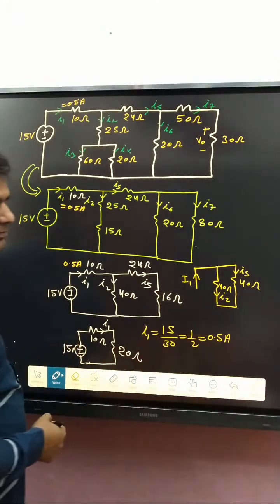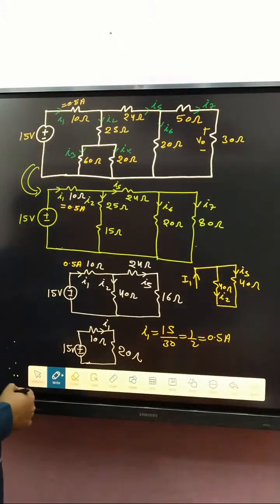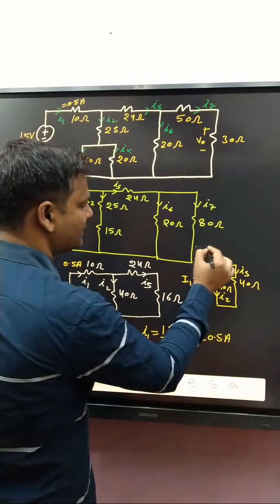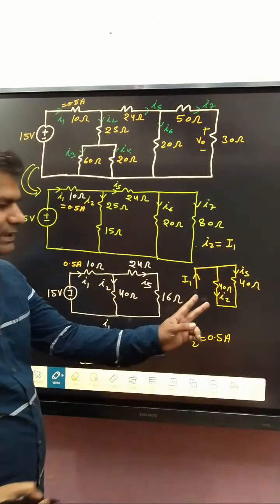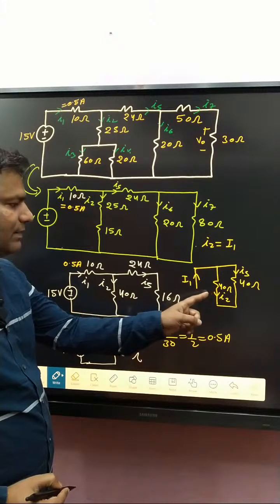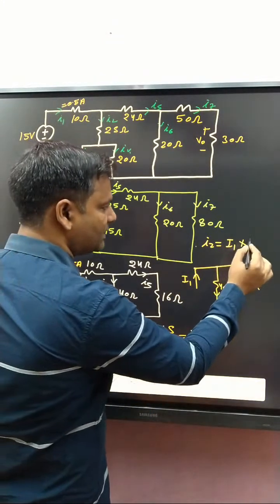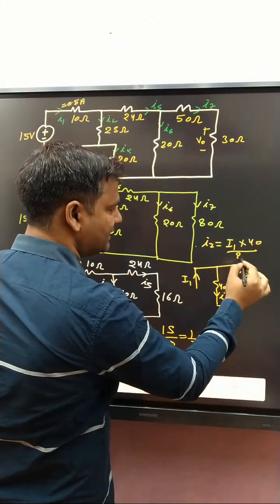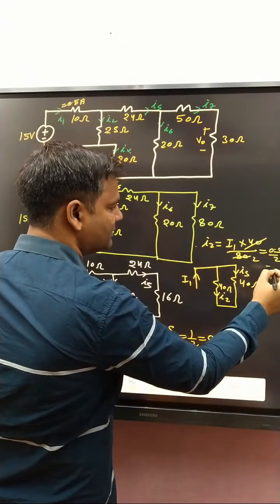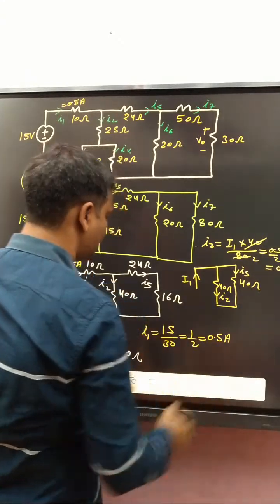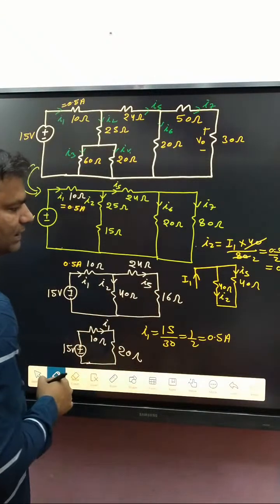Both resistances are the same, so you can say that I2 is I1 by 2, or you can also apply the current division rule. First of all, both current directions are opposite, so I2 is I1 into 40 divided by 40 plus 40, that's 80. So 1 by 2, that is 0.5 divided by 2, that is how much? 0.25.